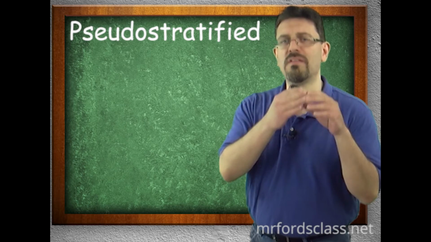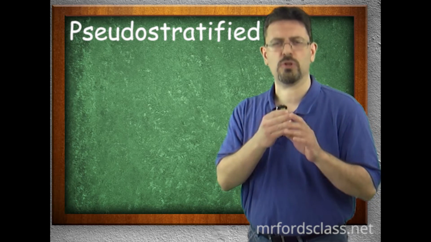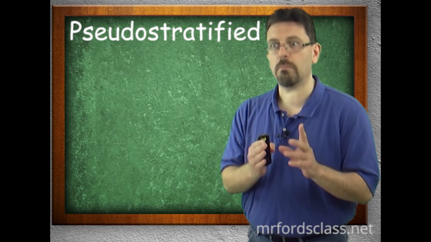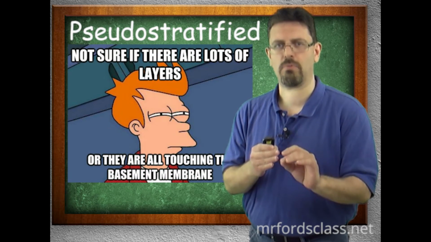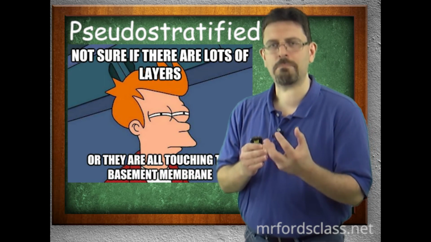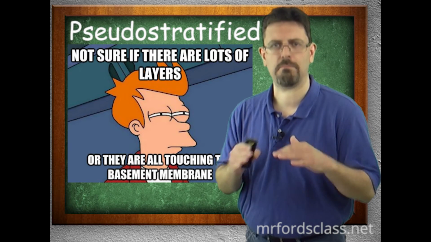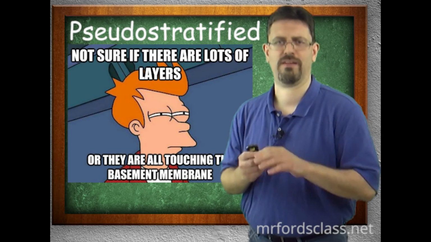So pseudo, fake stratification. What this is that when you look at a microscope, it tries to trick you. It looks like there's more than one layer, but in fact, all of them make contact with the basement membrane. They all make contact back to their root, their bottom layer, their basement membrane. That is pseudo-stratified, fake stratification.